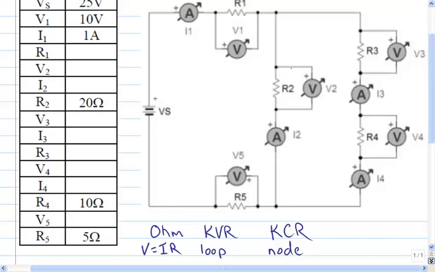Now, if you look at this loop here on the right, if I pick this point X at the bottom and follow my loop up and around this way, coming back to here, there's a voltage drop across R2 in the circuit as the current flows. But we're going back up that path, and so that would actually be a voltage rise, and we'll get to that in a second.